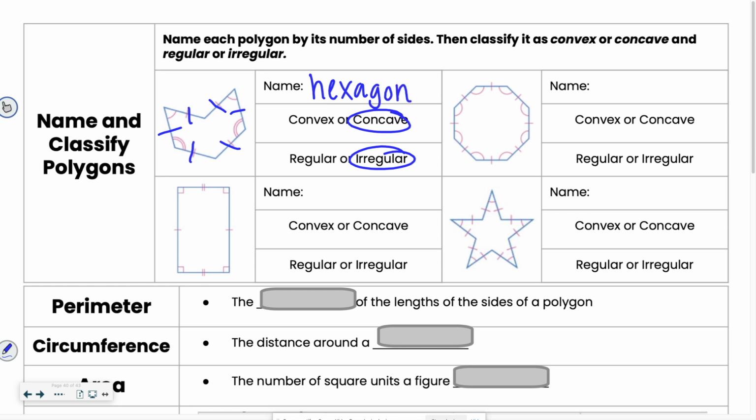Okay, what about the next one? How many sides? Eight. What's an eight-sided figure? Octagon. Convex or concave? Convex. Irregular. This one would be regular. You try the next two if you haven't, and I'll slowly put the answers on the board.